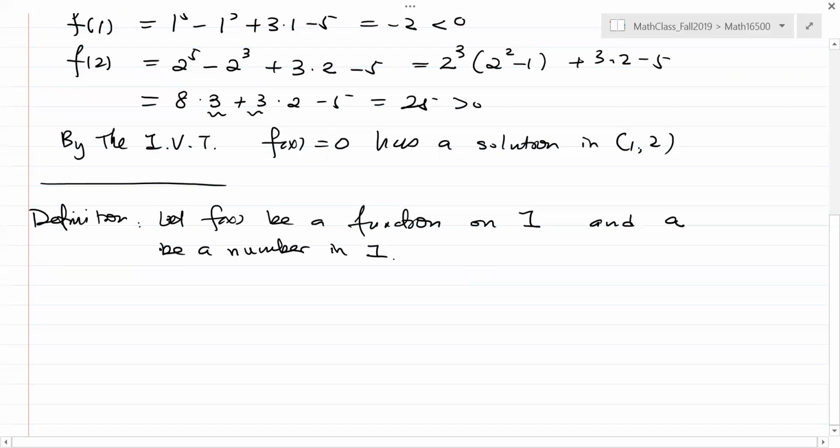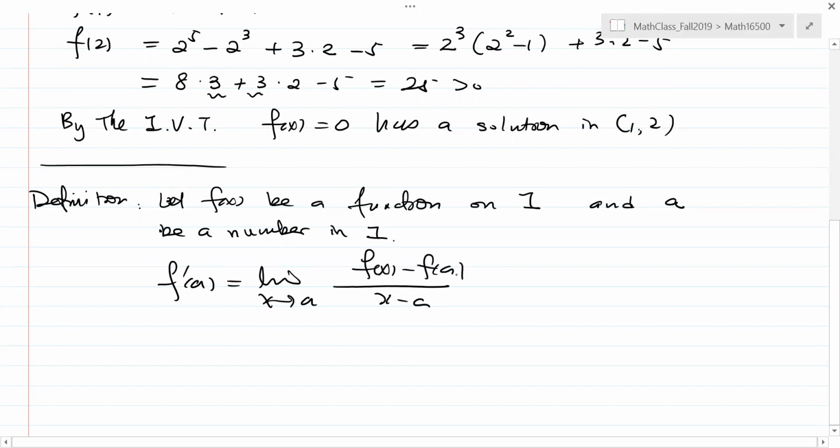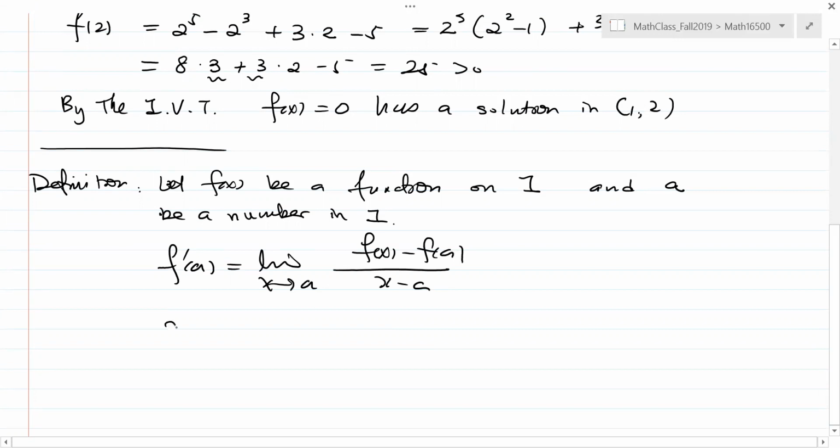If inside the interval, we can talk about a two-sided limit. So the limit of this quotient, if it exists, is called the derivative of the function, and that's the notation, f prime of a. So it's called the derivative of f at a, okay?